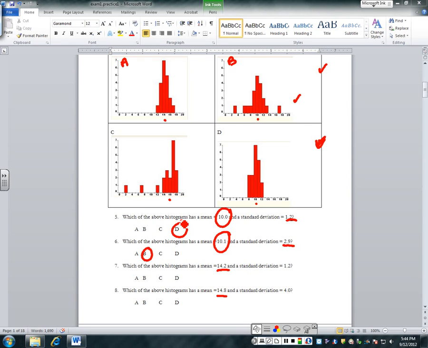The other 2 have means in the same general area, around 14 or 15. Clearly C has the larger standard deviation, so just look at the standard deviations and get the one that's the largest for C, and then A has the smallest standard deviation, around 1.2.